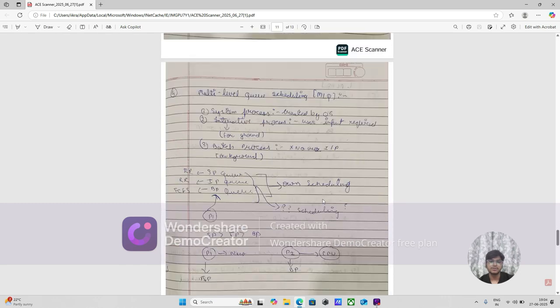Now we are going to learn multi level queue scheduling.